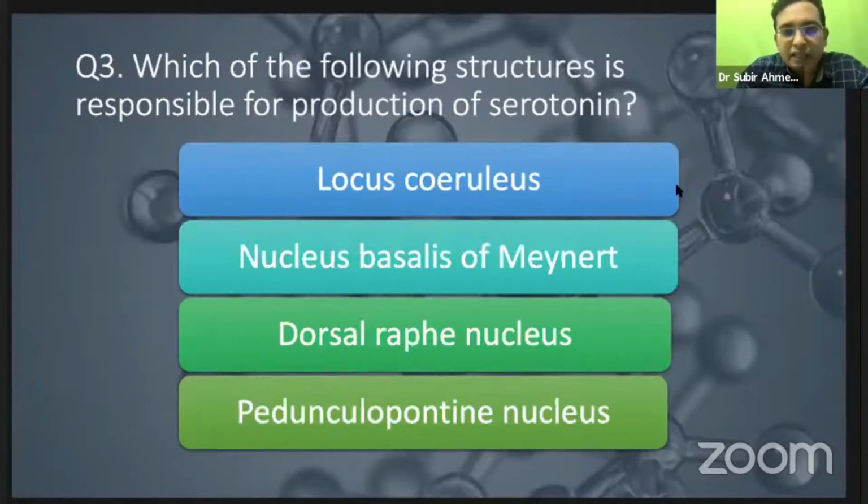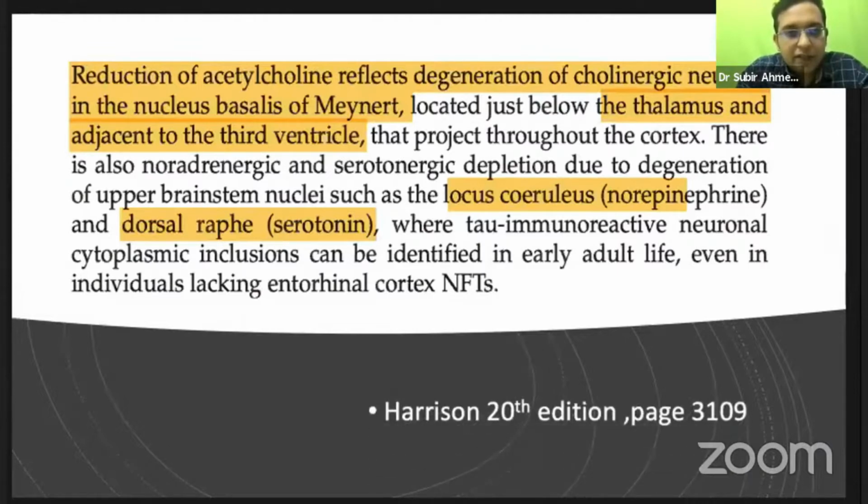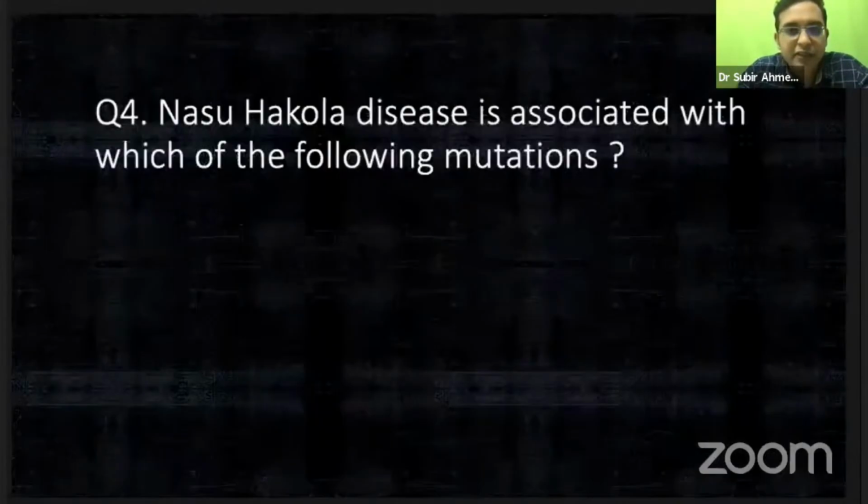Locus ceruleus is concerned with norepinephrine, and nucleus basalis of Meynert is concerned with acetylcholine, and pedunculopontine nucleus is concerned with gait, and is also associated with REM sleep behavior. So these are all taken from Harrison, the 20th edition, the latest edition of Harrison.